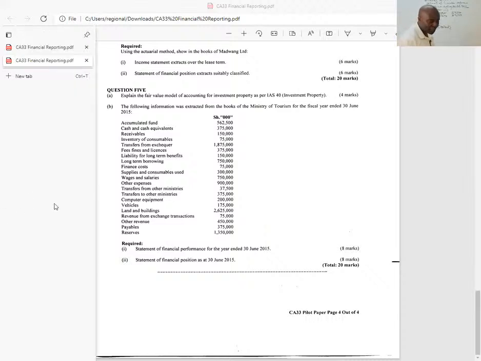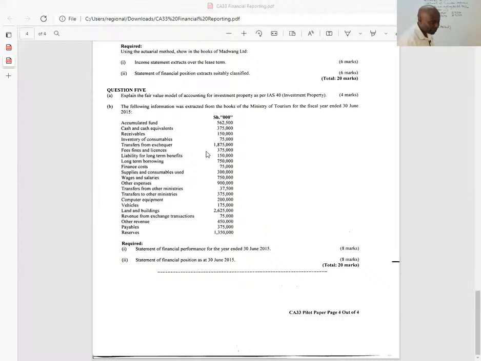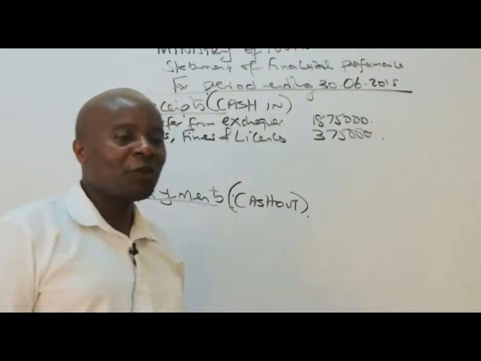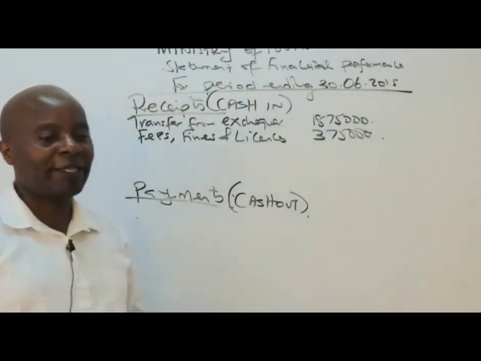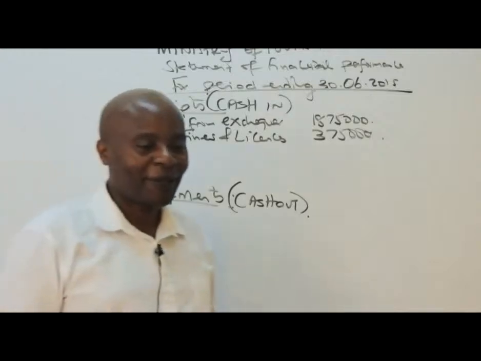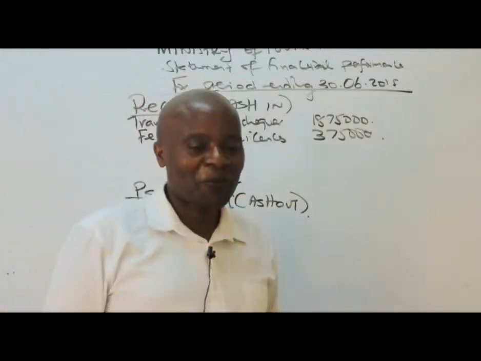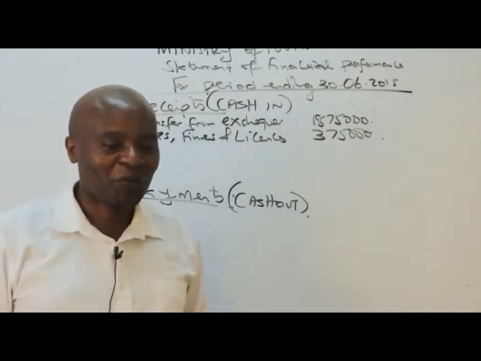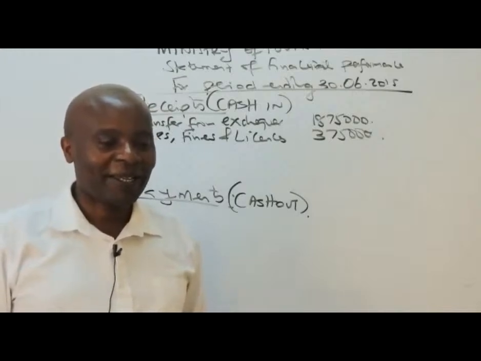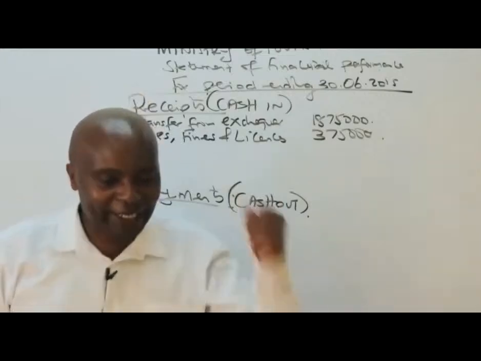Now, the next one, of course, we had mapped liability. We said liability is for the financial position. Finance cost, the interest. Where should I put the interest under performance? Is it under receipts or payments?